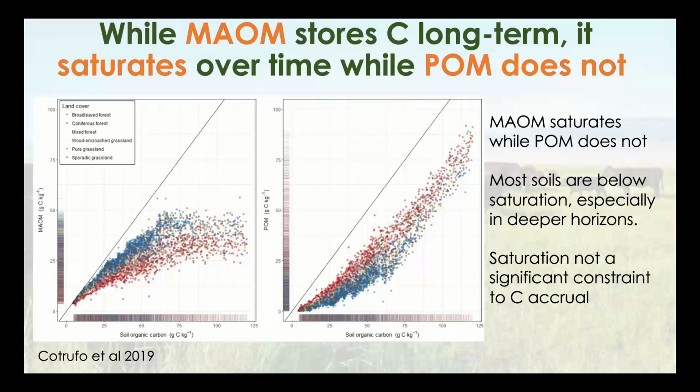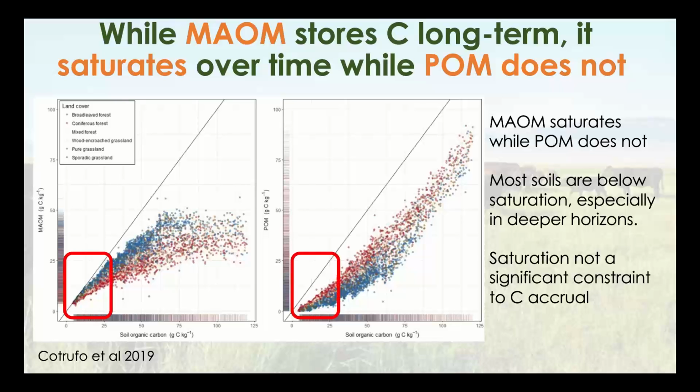Just looking at bulk soil carbon stocks doesn't allow us to project the additional carbon storage capacity. Instead, projections can be better informed by separating into these two different pools. The distribution of these two pools within your soil can help inform management strategies.